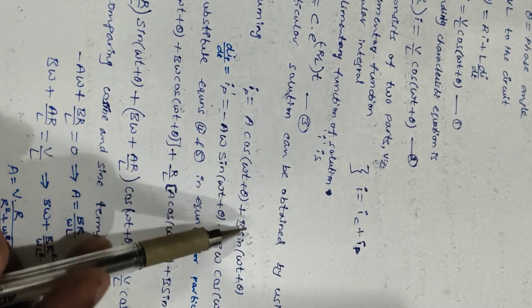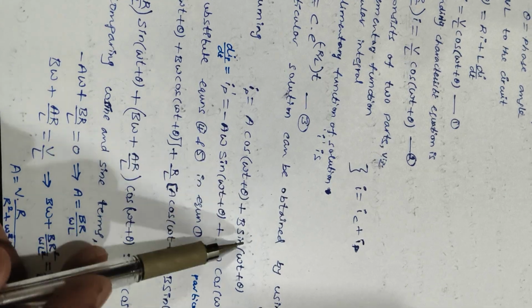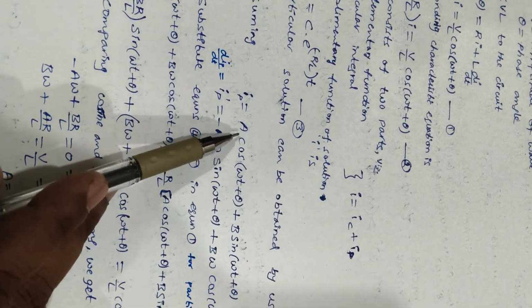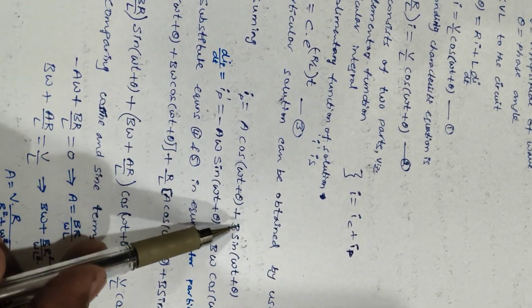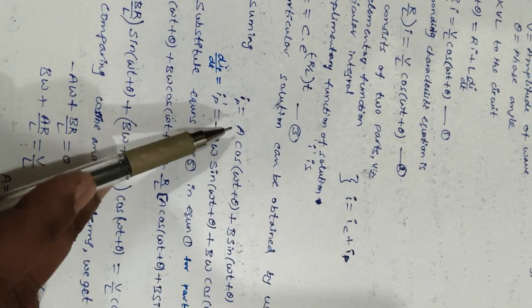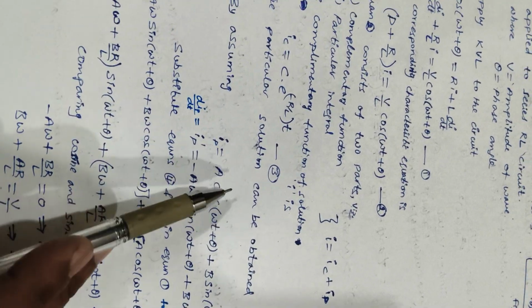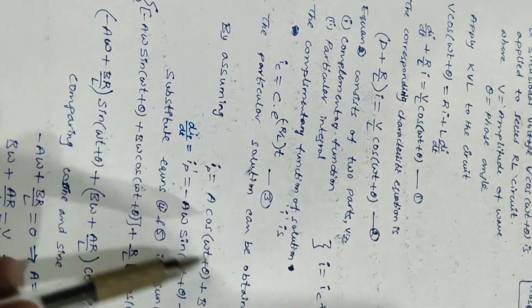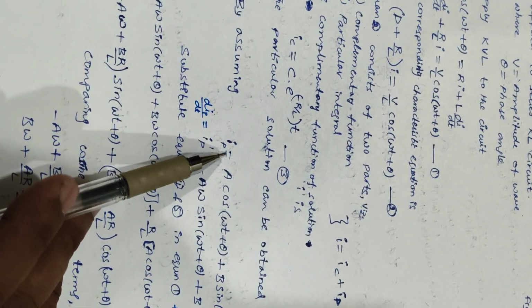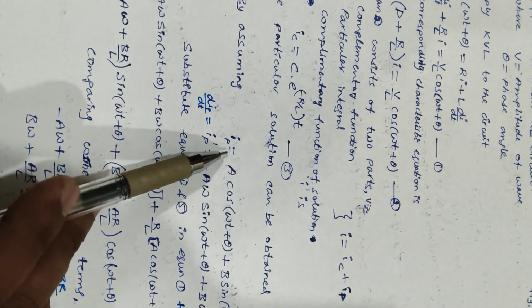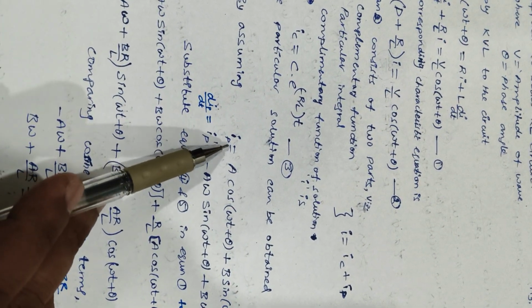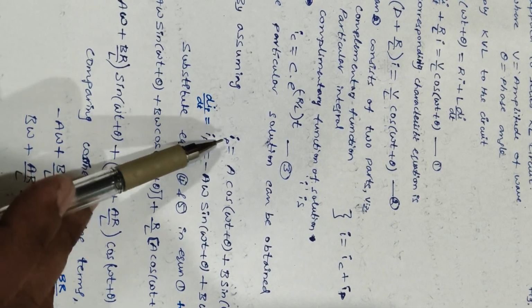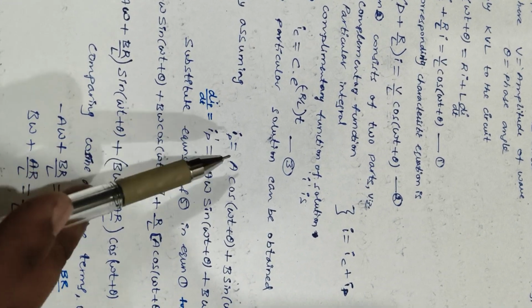You may get both cosine and sine terms, that's why I'm considering A cos(ωt + θ) + B sin(ωt + θ) as the particular function. I'll differentiate it, because I'll use this derivative of the particular integral in the further equation.